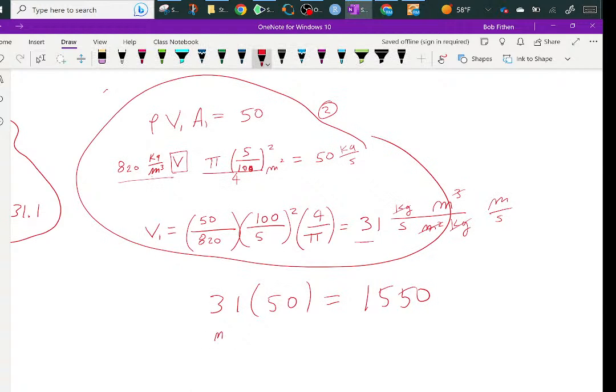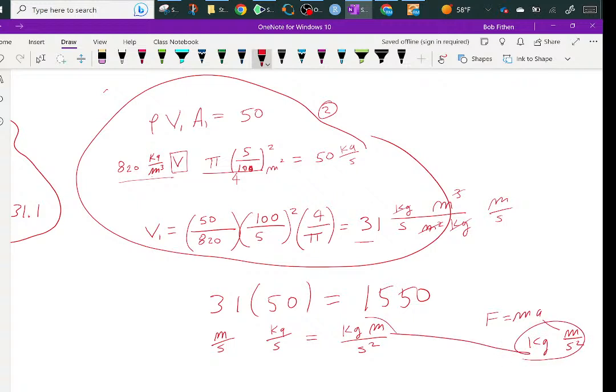So I got meters per second times kilograms per second, which would be kilograms meters per second squared. F is equal to MA, meters per second squared times kilogram, is exactly what that is.